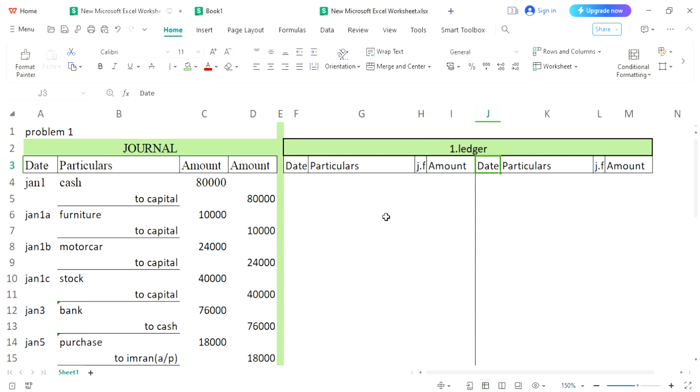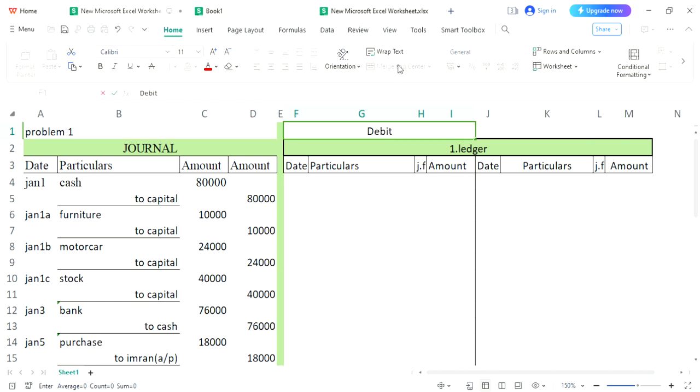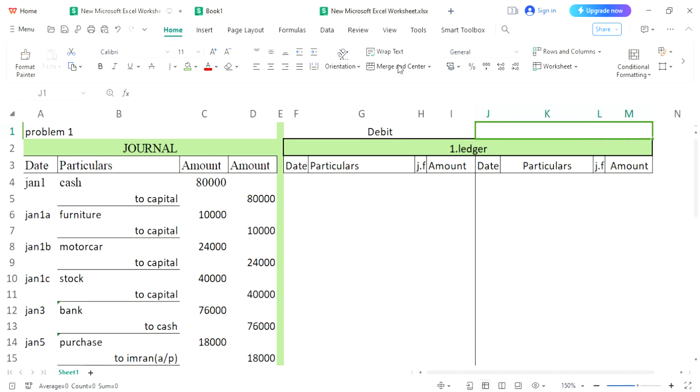So it has been divided into two parts. The first side over here would be considered as your debit side. So we can write here debit, and the other side, on the right side, would be considered as your credit side.